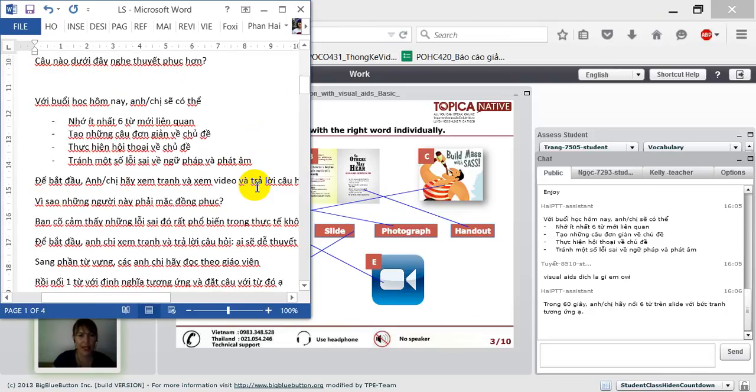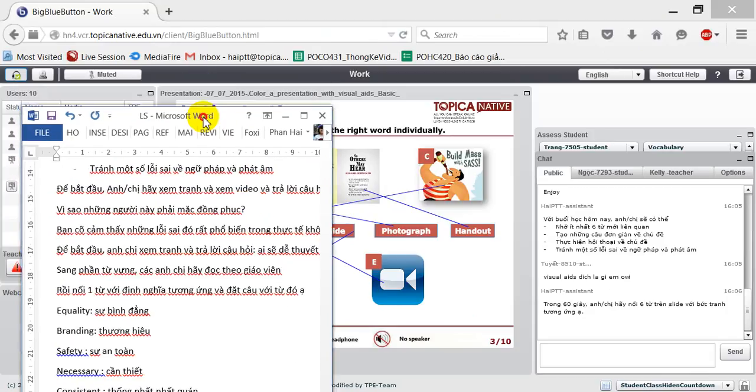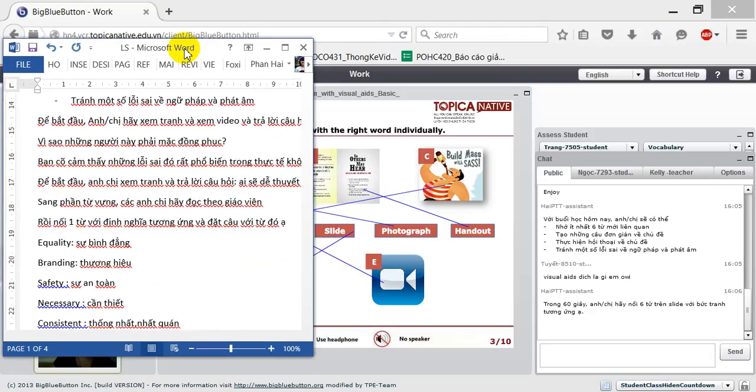So again, poster, video, slide, photograph, and handout. Trang, can you read the 5 words back, please? Yeah, poster, video, slide, photograph, handout. One more time, please, with handout.